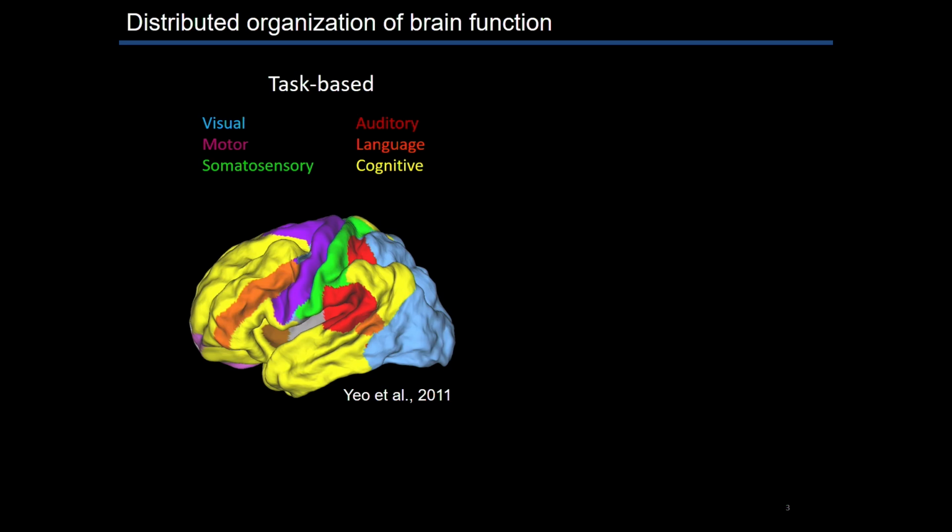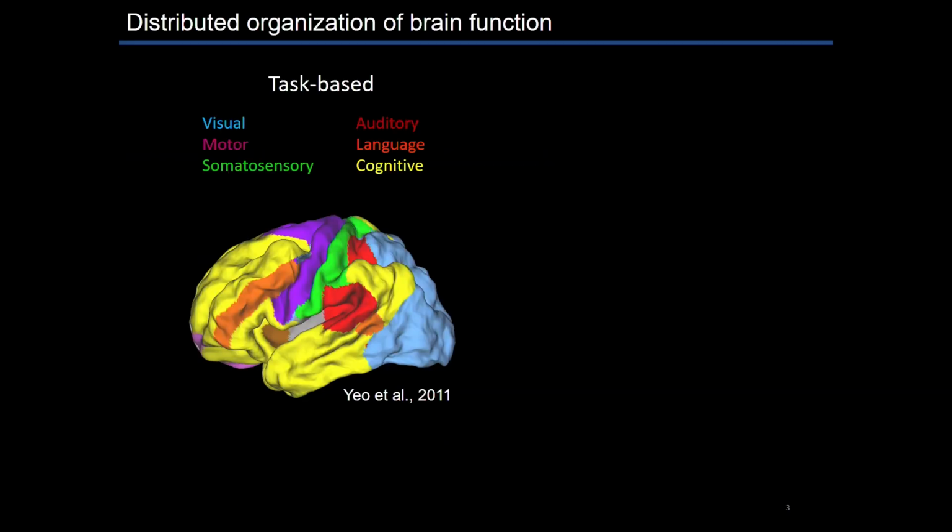So with regards to image reconstruction, taking a step beyond what Chiara was talking about in the measurement-based approaches, we really want to focus on the distributed organization of brain function that this conference especially is focused on, relative to other more optically oriented conferences.